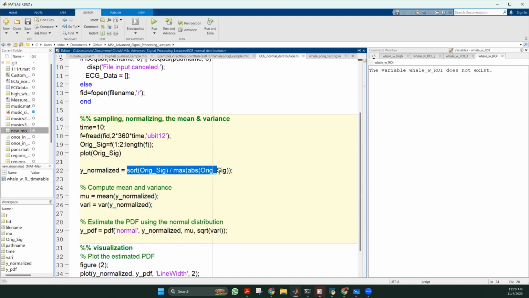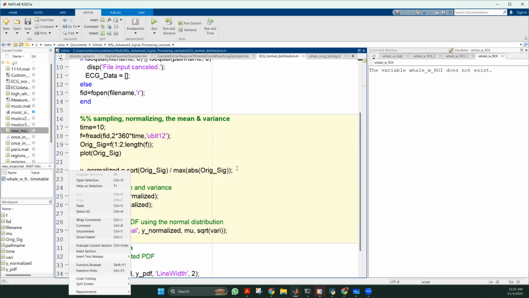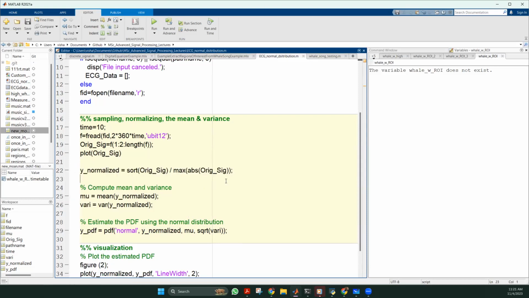I normalize this in order to get the signal amplitude values into a certain range. So by doing this division, I have got the values of the amplitudes to a value between 0 and 1.